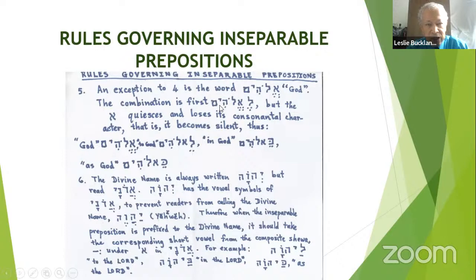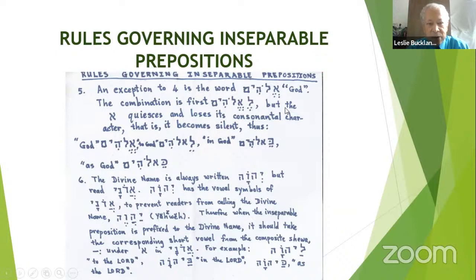The combination is first le Elohim, that is, the segol is borrowed from the composite shua, or another segol is placed there, just like the segol which is part of the composite shua.